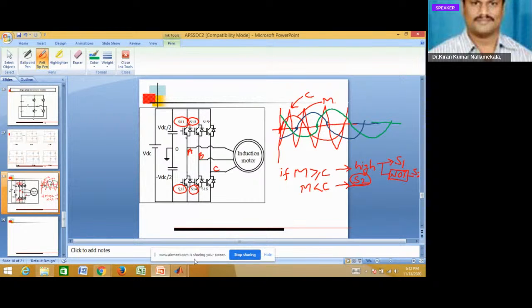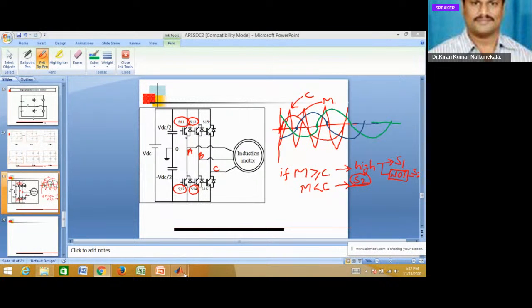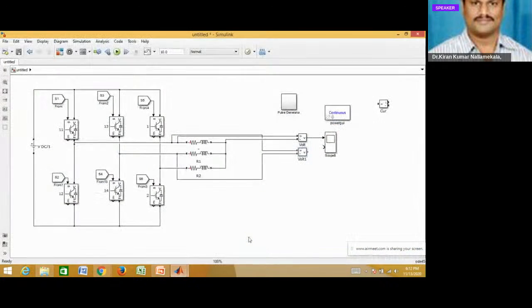We are going to implement this with MATLAB Simulink. Now see, the IGBT switches S1, S2, S3, S4, S5, S6 are all connected to the DC source, and each phase is connected to an RL load.